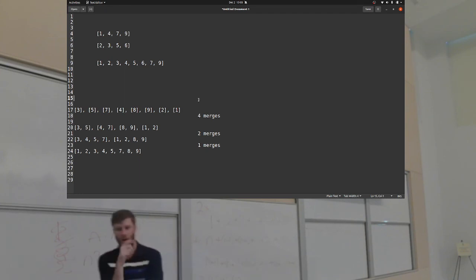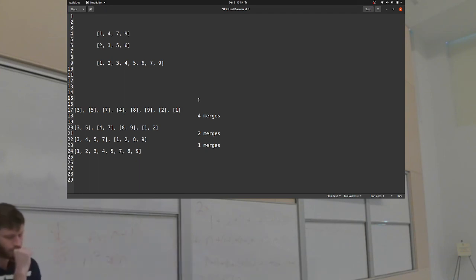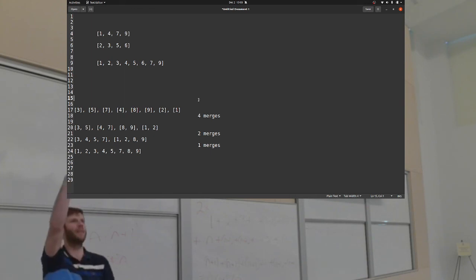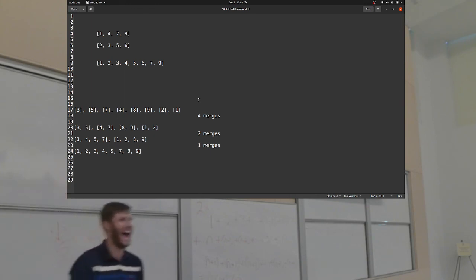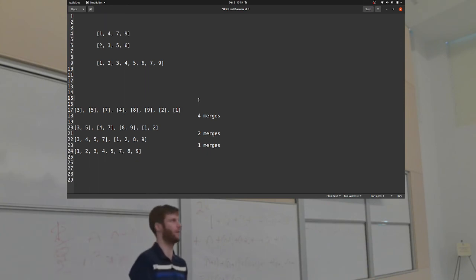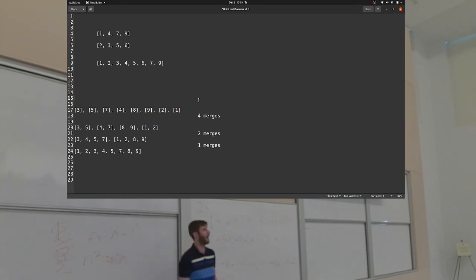Let me put it this way. Every time I go from one level to the next level, I'm halving the amount of work left. It's the same idea as binary search. Every time I make a decision, I'm eliminating half of the stuff.